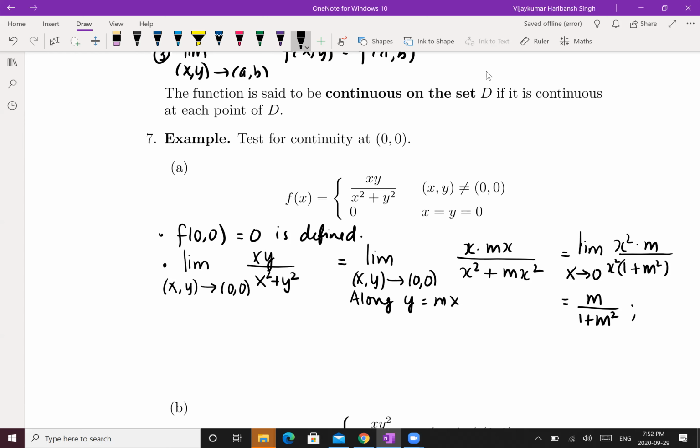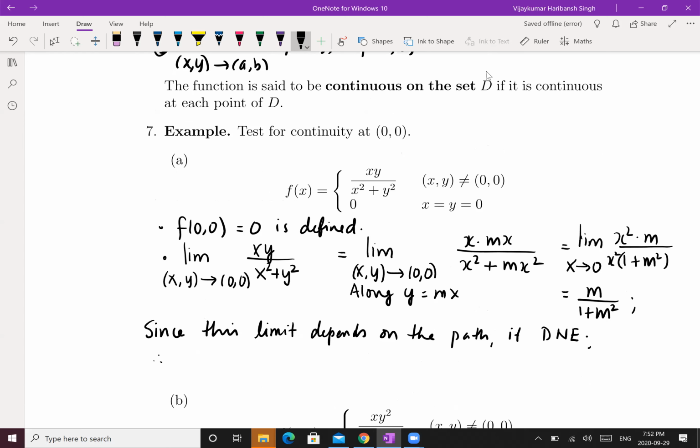Since this limit depends on the path, it does not exist. Then the second condition is violated. Therefore f of (x,y) is not continuous at (0,0).